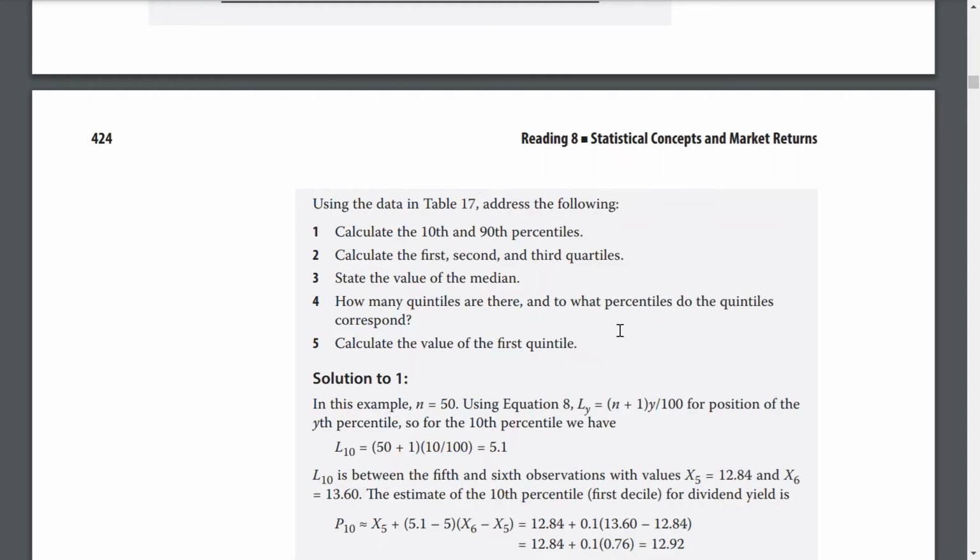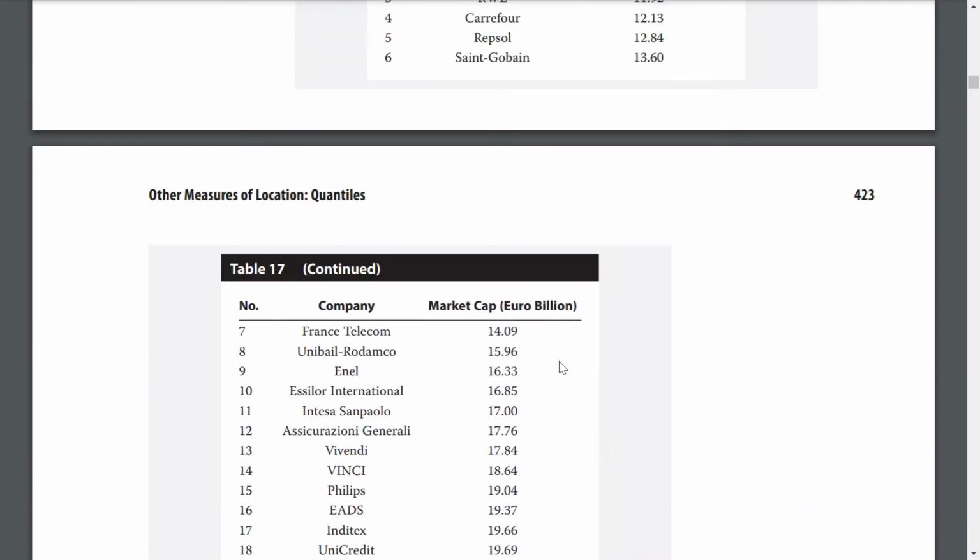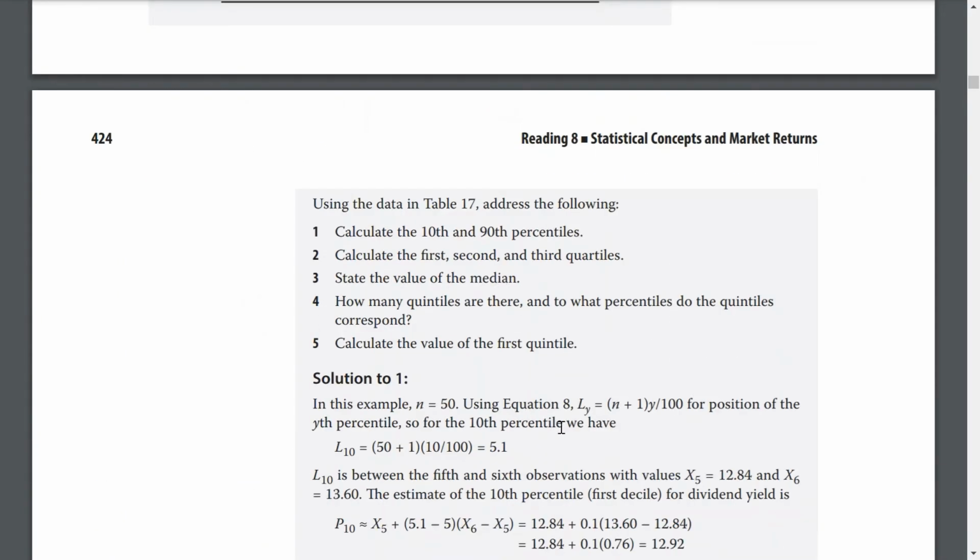Solution to 1. What is it asking? It is calculating the 10th percentile and the 90th percentile. So in this example, n equals 50. What is n? n is the number of companies. Using equation 8, Ly equals n plus 1 multiplied by y divided by 100 for the position of the y percentile.